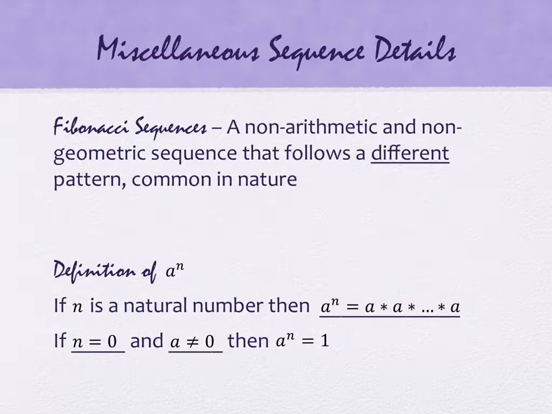It's also found in the way that specific types of seashells are formed. So let me give you the Fibonacci sequence. And if you know the pattern, mum's the word. Let your classmates take a look at it and see if they can figure out what the pattern is before we continue. So this is the Fibonacci sequence, at least the first few terms of it.